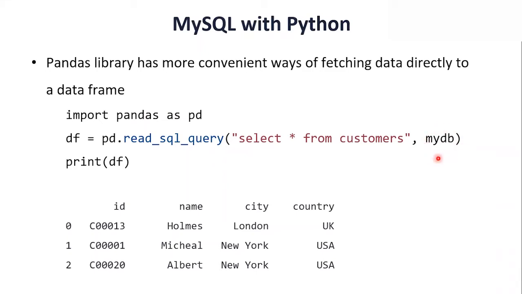So that would be mydb. And when we run this line, that would fetch the relevant data from the database for this query, and the pandas library will create a data frame, something like this, using those data. So if you are performing further pandas operations, it would be more convenient to just use this read_sql_query function, since you directly get a data frame out of that. You can find more information about this in the pandas documentation.